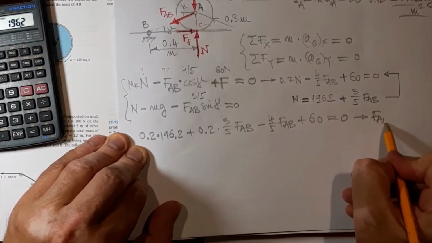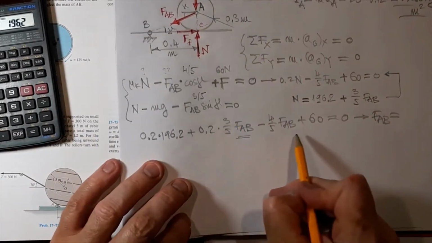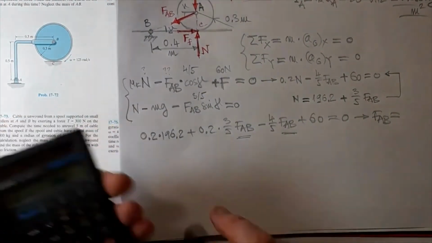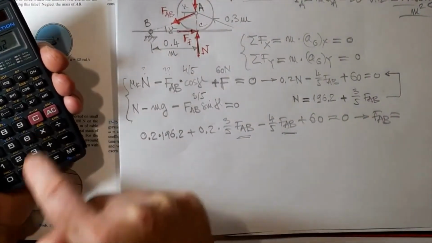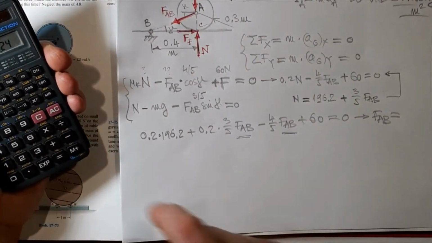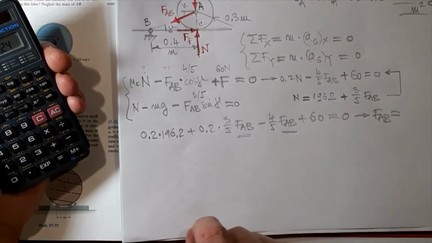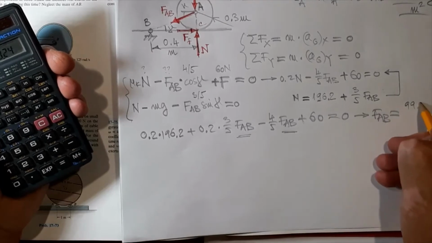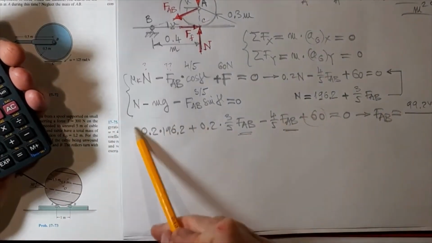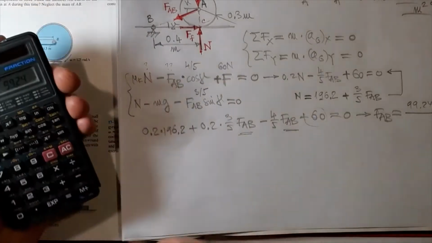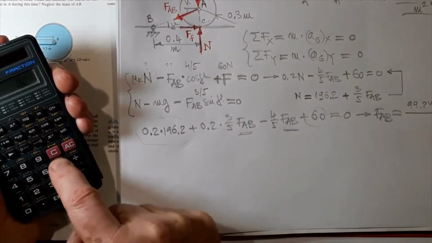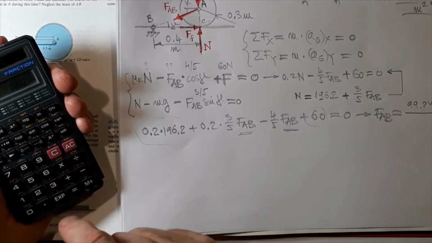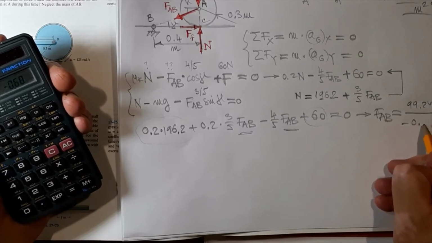So FAB is 196.2 times 0.2 plus 60, which is 99.24, divided by 0.2 times 3 over 5 minus 4 over 5, so negative 0.68.